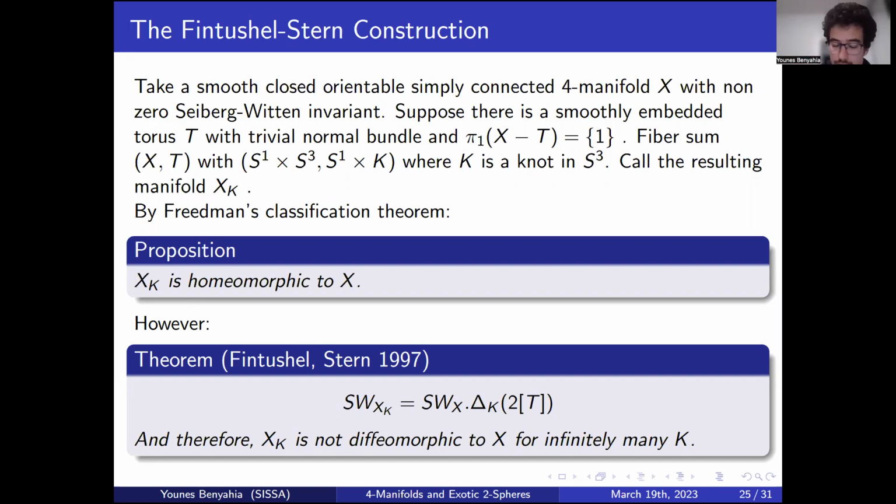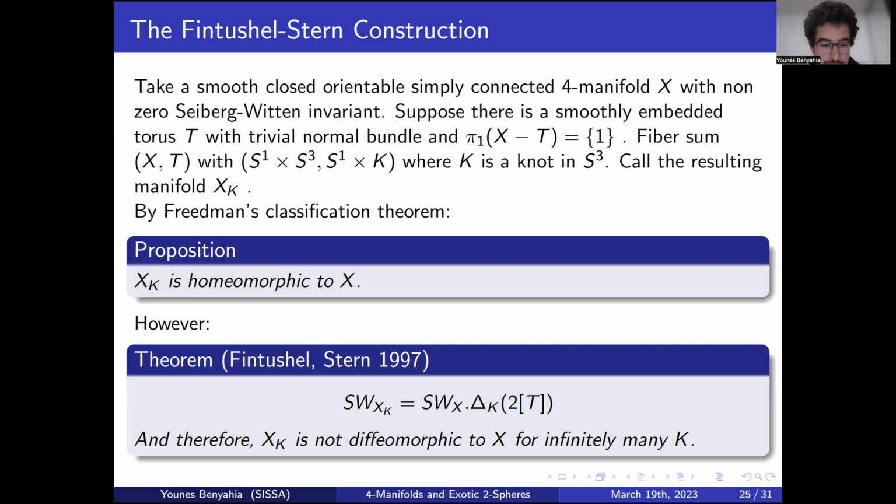So XK is not going to be diffeomorphic to X, since they have different Seiberg-Witten invariants. And this will be the case for infinitely many knots, because we've already said that there are infinitely many Alexander polynomials.